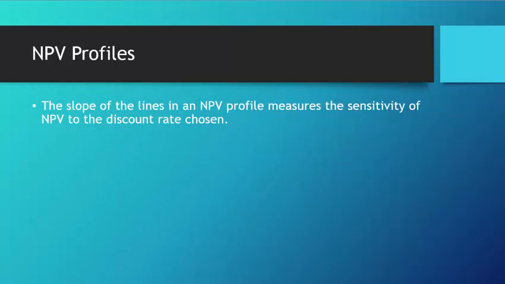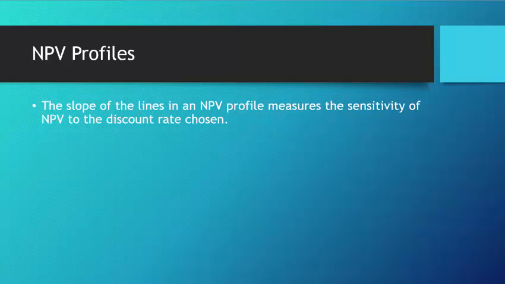The slope of the line, or the approximate slope of the line, you may have noticed that they're not completely straight, in an NPV profile measures the sensitivity of NPV to the discount rate chosen. And at different points it may be very, very steep, in which case it's very, very sensitive, and if it's fairly flat, then it doesn't make a lot of difference what the discount rate is.